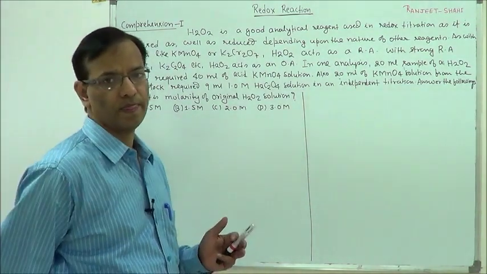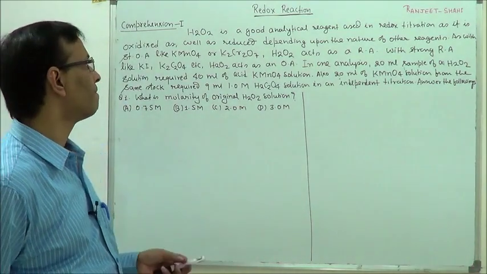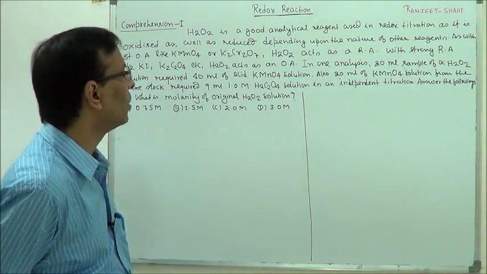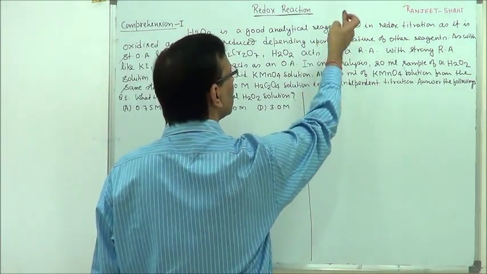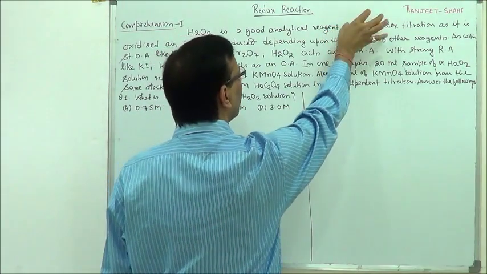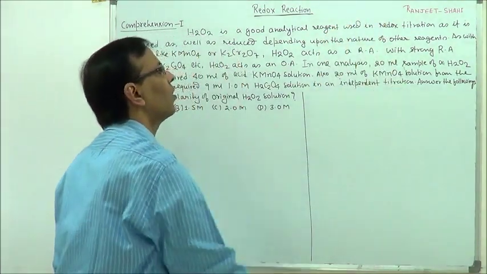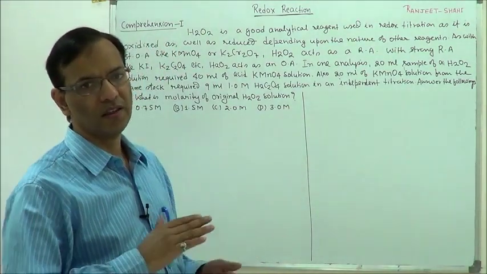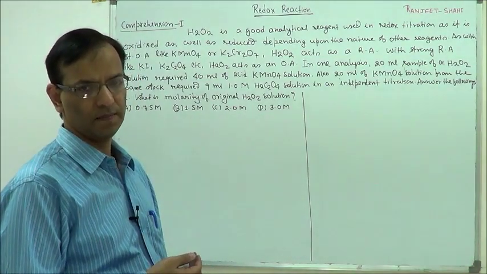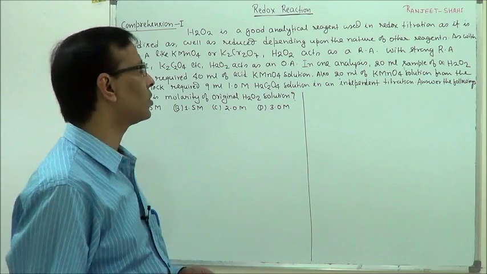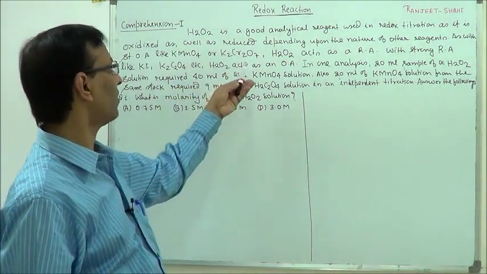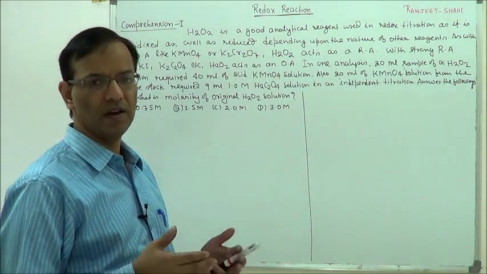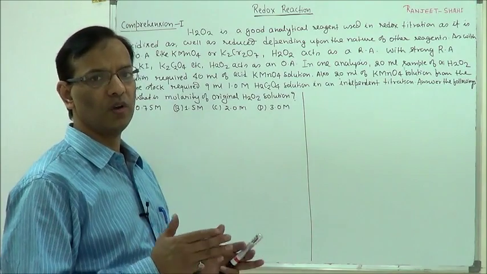Here we are being informed that H2O2 is a good analytical reagent. It is used frequently in redox titration, as it has the property of both oxidizing and reducing agent. When it reacts with a strong oxidizing agent like potassium permanganate, potassium dichromate, H2O2 is oxidized and therefore acts as a reducing agent.